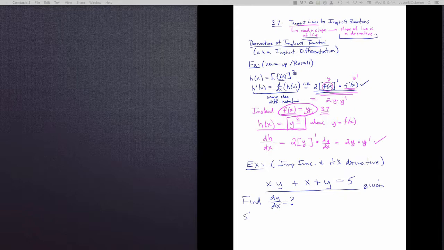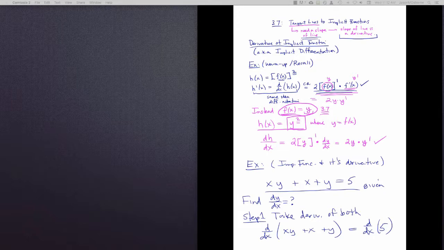Well, the steps to go through, step 1 would be to take the derivative of both sides of the equation. So let's take the derivative of the left-hand side. Okay, and then let's take the derivative of the right-hand side. Okay. Right, and we'll need to go to another page to finish those steps. So that's what we want to do.